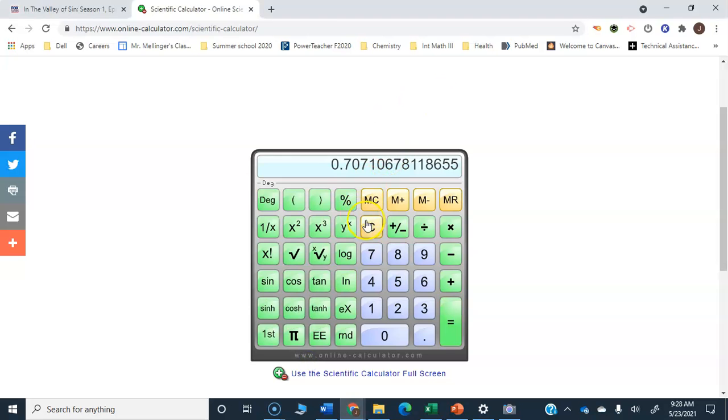Okay, so I'm going to clear. So I'm going to put in a 2 and then square root, and you get 1.414. Now I'm going to multiply that by 3, and that equals 4.242. And then I'm going to divide that by 0.7071.